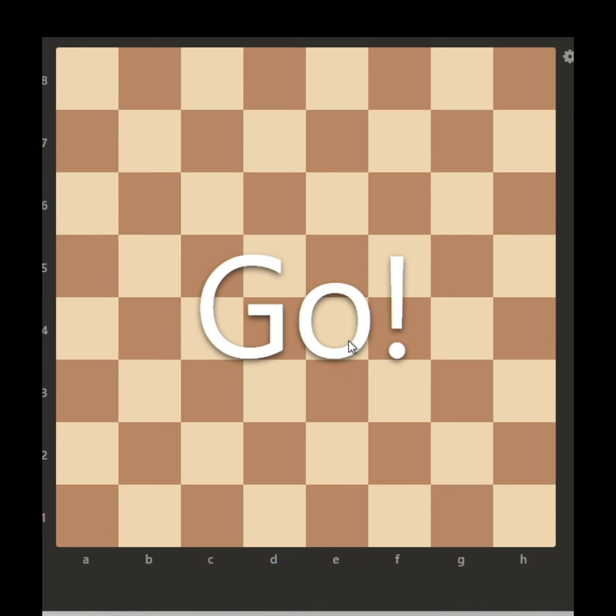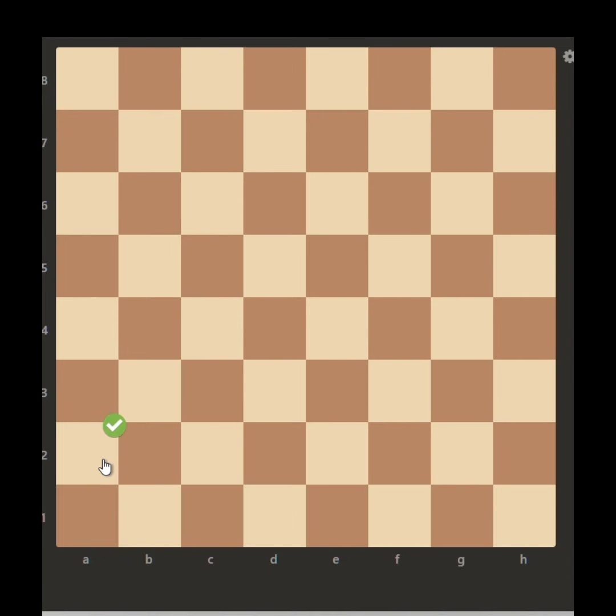So it will show go. It will show h1, you need to spot here, h1, h2 here, a2 here, e2, g2, g8, a5, h8, c4, e1, B2, F2, A2.